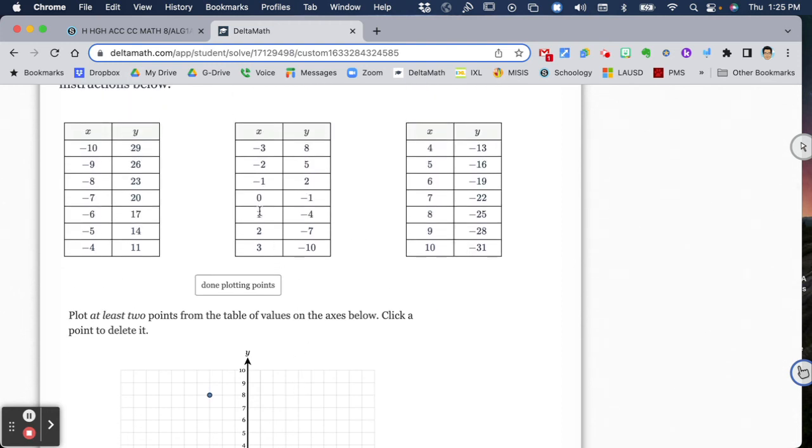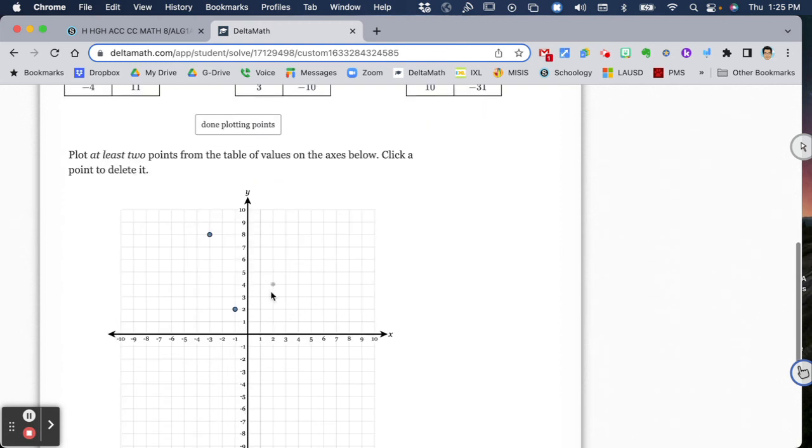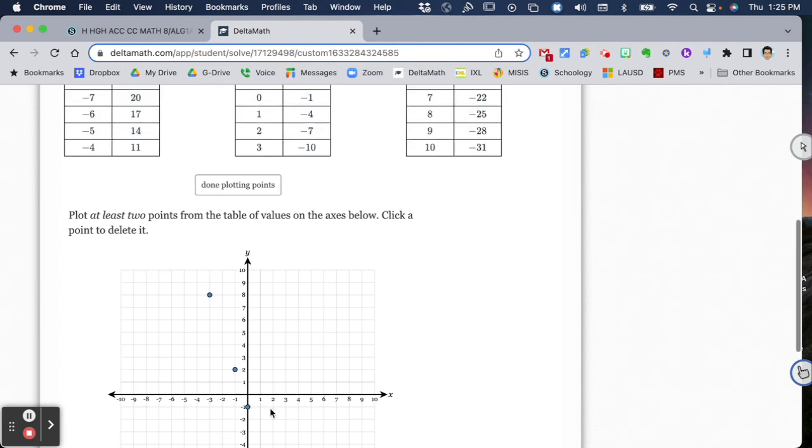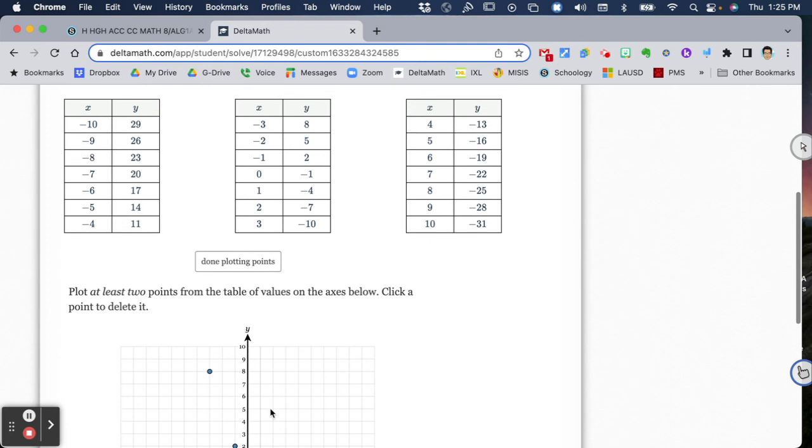And what happens at 0? I always want to see what happens at 0. 0, negative 1. There's 0, negative 1. And as you can see, all 3 points are in line. Let's get a couple more. A couple positive ones. 2, negative 7.